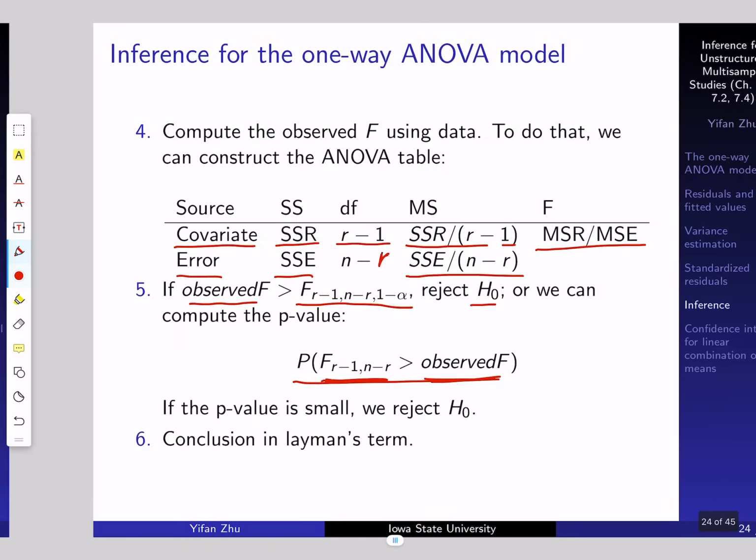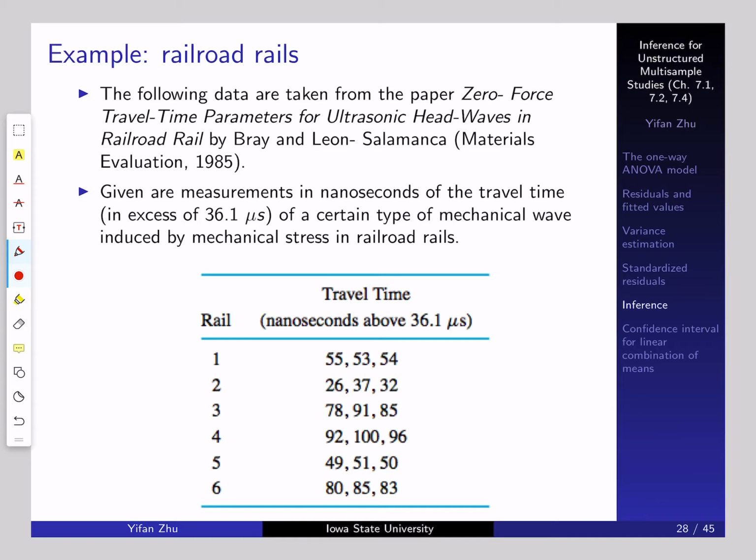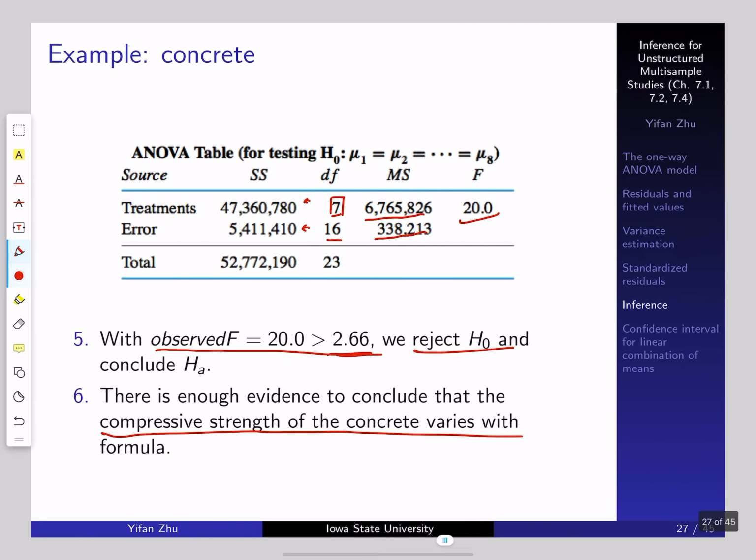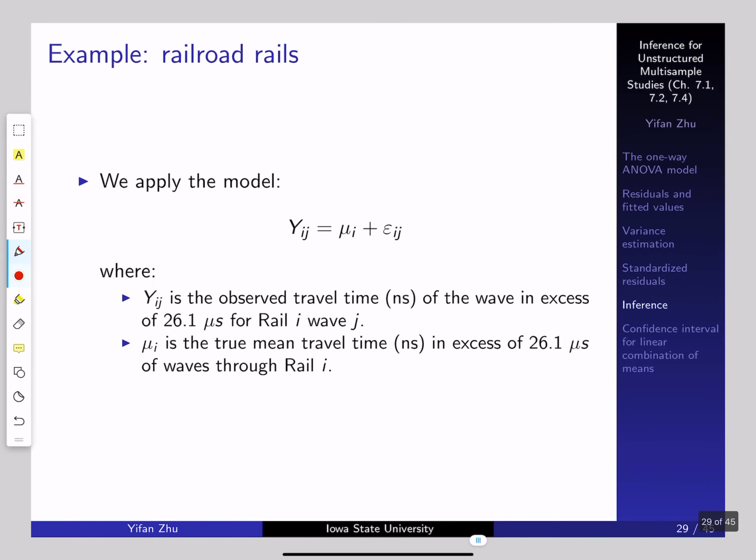Here's another example: the railroad rails. The response measured is the mechanical wave travel time for these 6 kinds of rails, and there are 3 observations for each level of rails. Again, we use a one-way model.